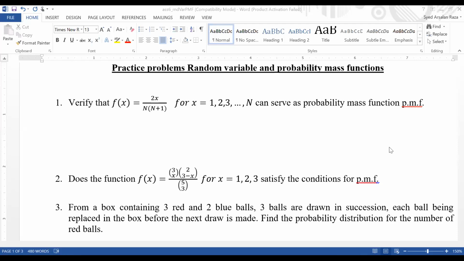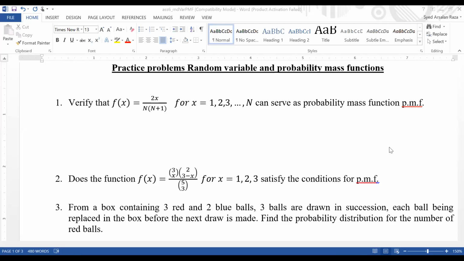In step number 4, you either write it down in tabular form or in function form. In step number 5, two conditions are to be checked. The first condition is that the sum of all probabilities is 1, and the second condition is that none of the probabilities is negative.